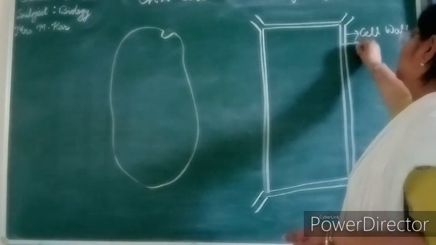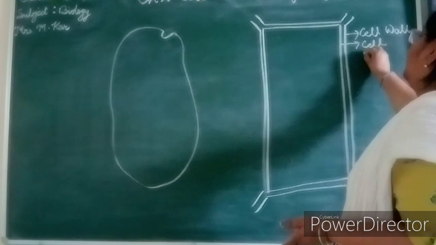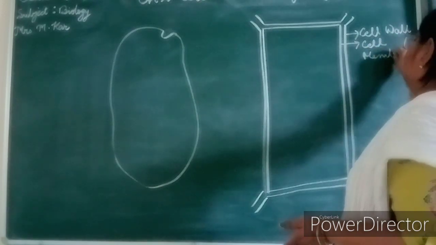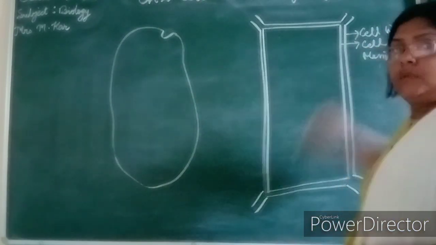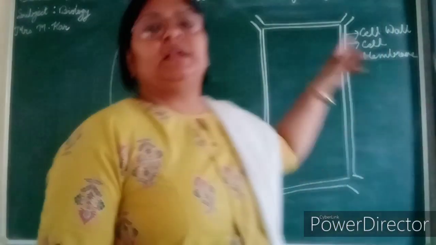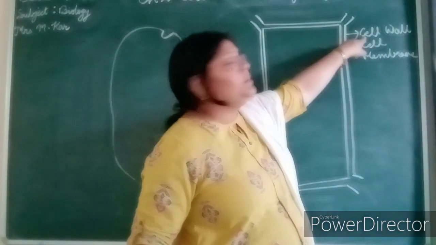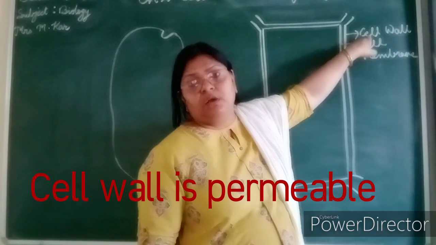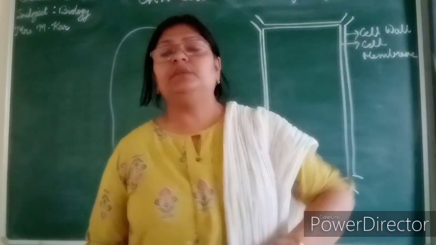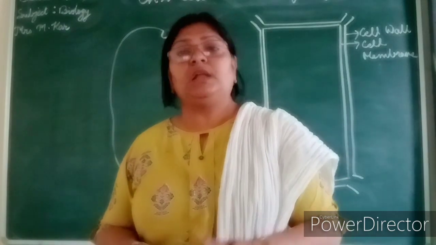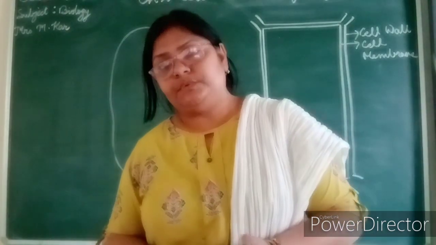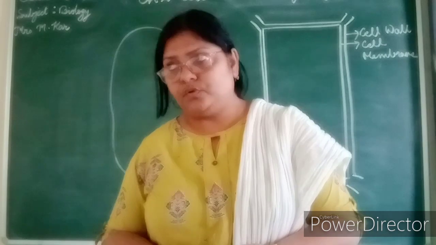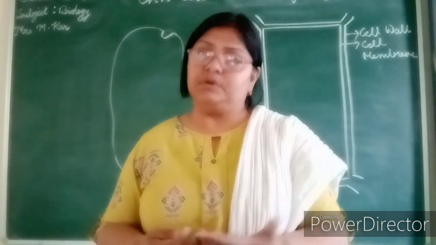The next is the cell membrane. The cell wall is made up of cellulose and it is a permeable membrane. It is permeable. What do you mean by permeable? Permeable are membranes which allow any size of substances to pass through it. Okay, so it is a permeable membrane.